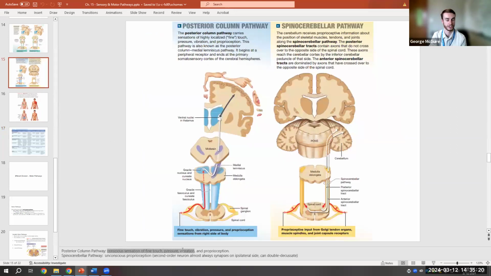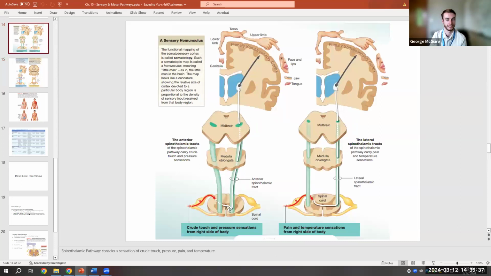So conscious sensation of fine touch, pressure, vibration, or conscious proprioception, recognizing that the second order neuron synapses and decussates in the medulla oblongata, so in the brainstem, compared to this one, which decussates in the spinal cord.